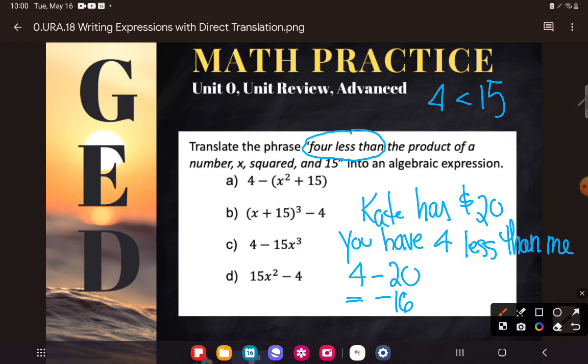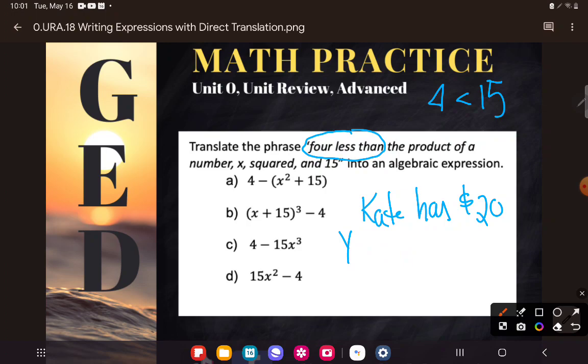You're not in debt. You only had $4 less than I did. And so the order would actually flip with this phrase less than. If you knew I had $20 and you knew you had $4 less, you would take my $20 and you would do $4 less than that. So super important, you're not the student who gets fooled and writes 4 minus. 4 less than is not 4 minus, it's minus 4.